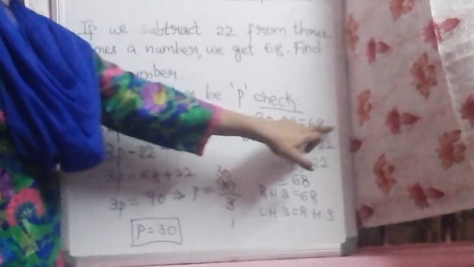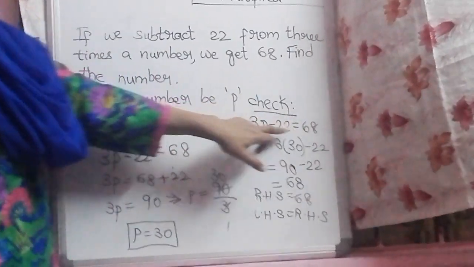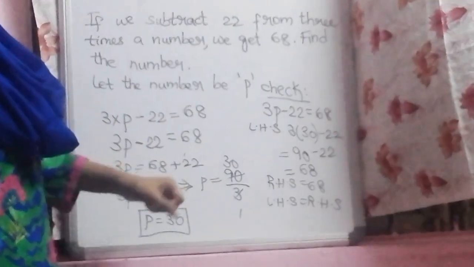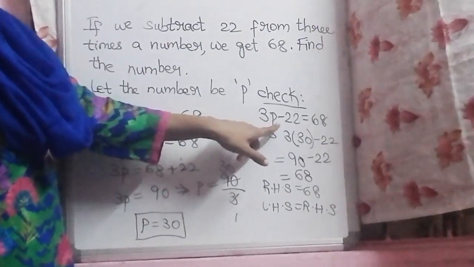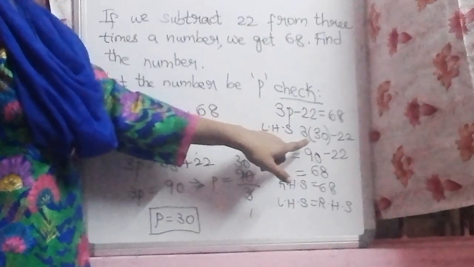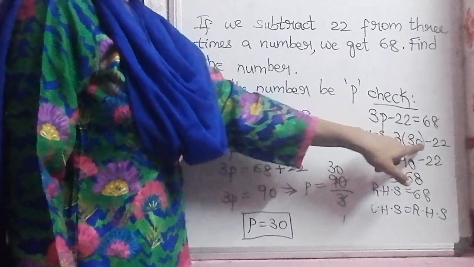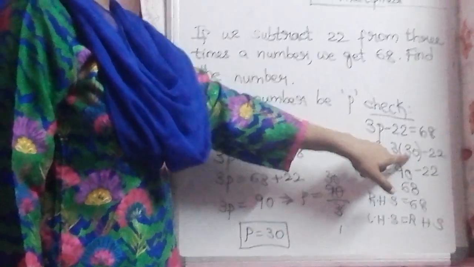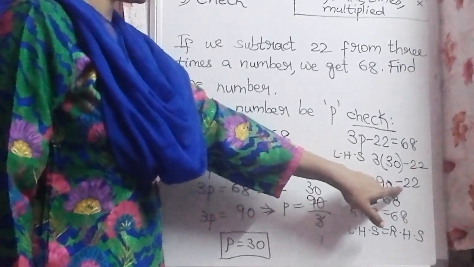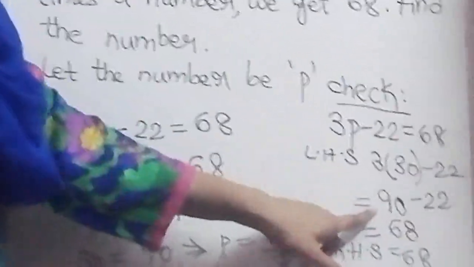Here, how did we check? 3P minus 22 is equal to 68. This is the complete algebraic equation that we have copied. Now we have taken the LHS part and substituted P is equal to 30. 3 into 30 minus 22. 3 zeros are 0, 3 threes are 9, minus 22. We have copied.